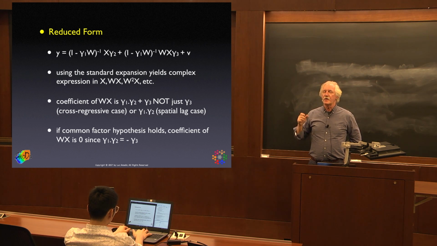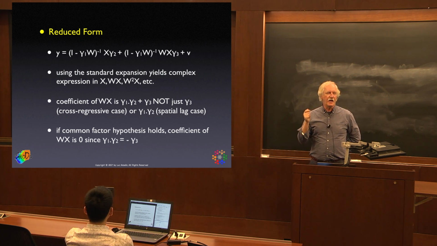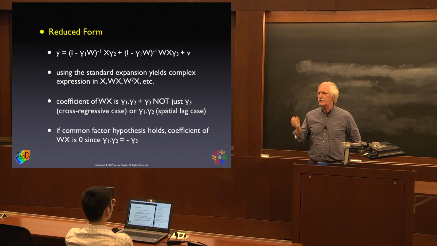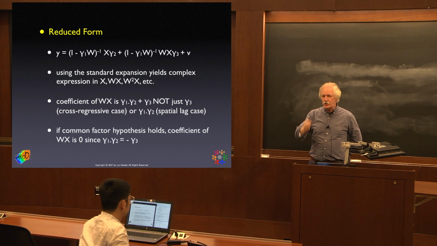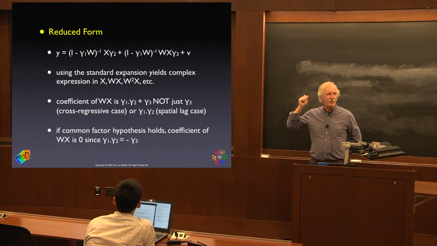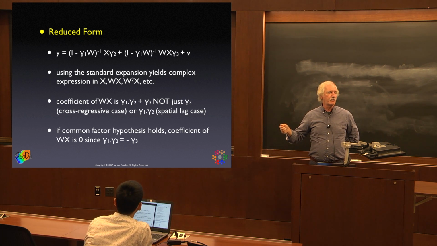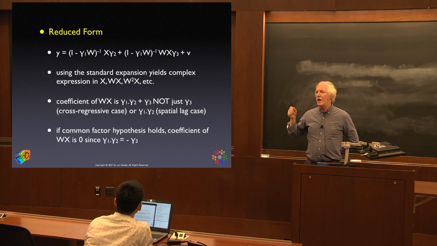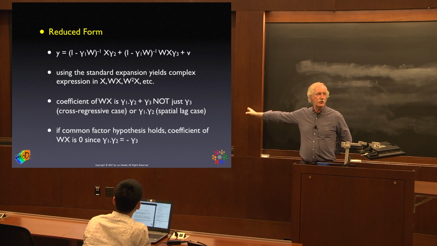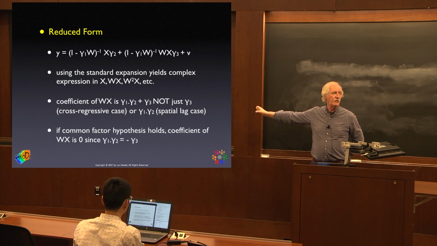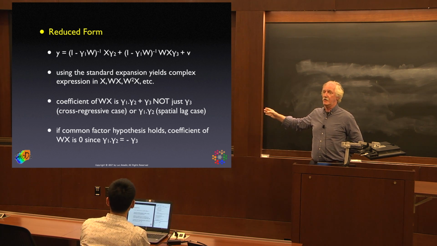The way I like to put it is that the spatial lag model already has Wx in it. So if you add Wx in addition to Wy, you have it twice. And you better have a really good reason as to why it has to be in there twice, because it makes the interpretation of the direct and indirect effects very complicated.